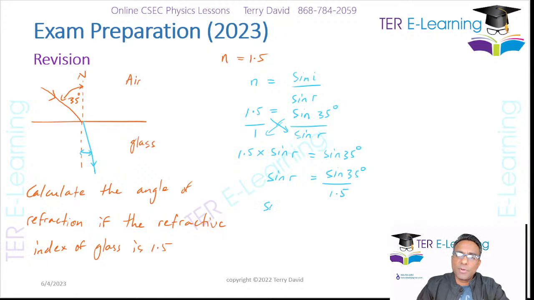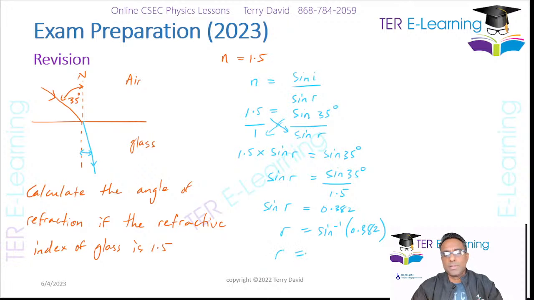Using the calculator, sine 35 divided by 1.5, you're going to get 0.382. So therefore r is equal to arcsine 0.382. When I work this out in my calculator, I'm getting about 22.5 degrees.